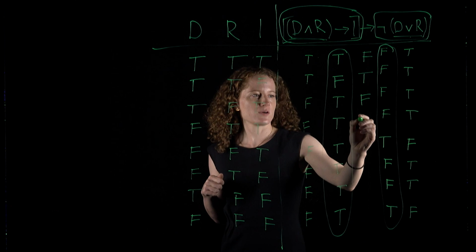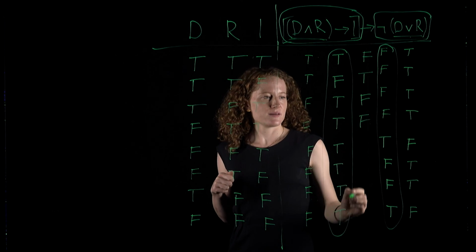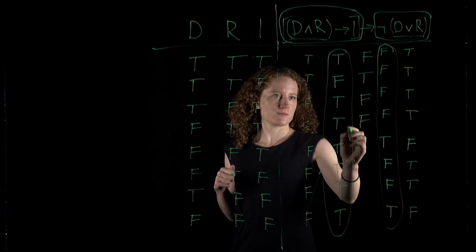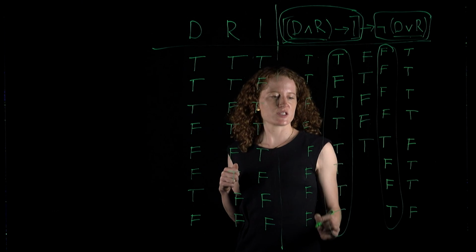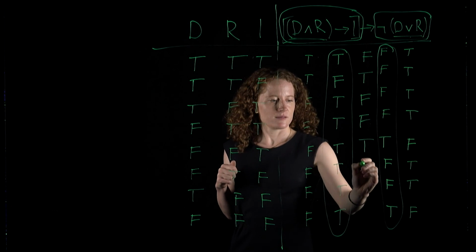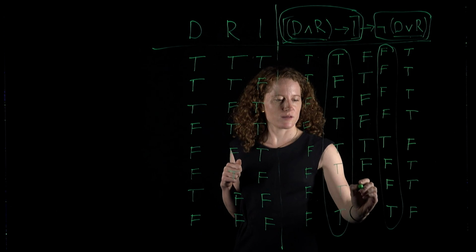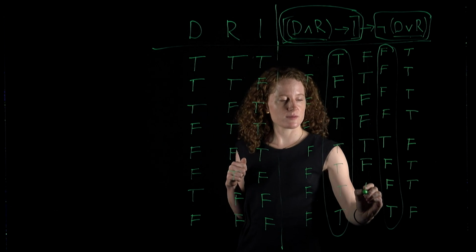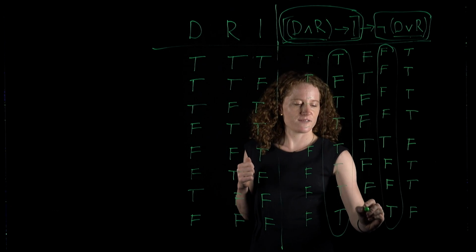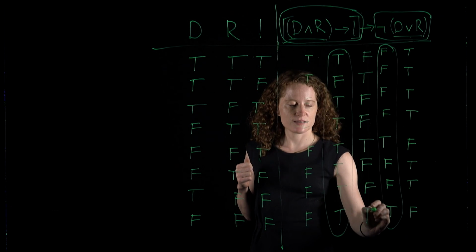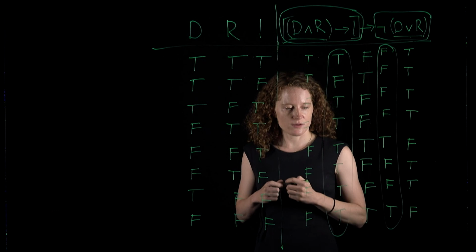In the fourth row, the same thing happens again. In the fifth row, both the antecedent and the consequent are true, so the conditional is true. The antecedent is true and the consequent is false, so the whole conditional is false. And finally, both antecedent and consequent are true, so the whole conditional is true.